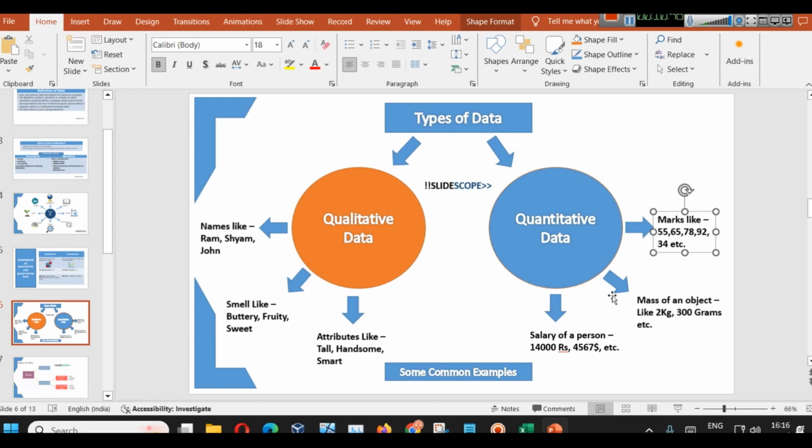So sometimes units are there, sometimes they are not. For example, in my company there are 9 employees, right? So 9 is just a count. I will never say I have 9 kilogram people, right? I will never say I have 9 centimeter. I will not apply any unit there, right?